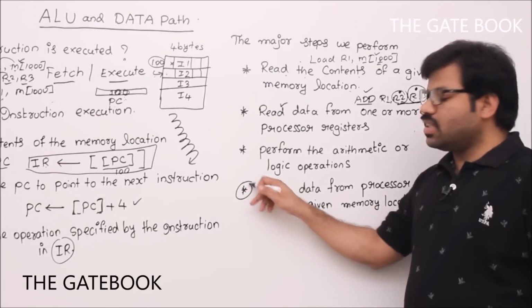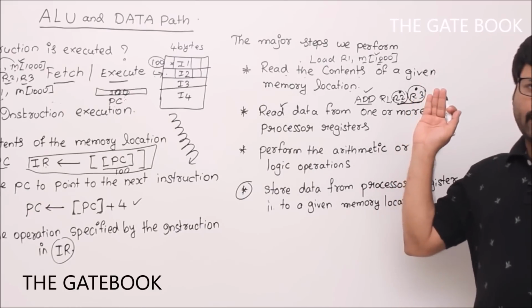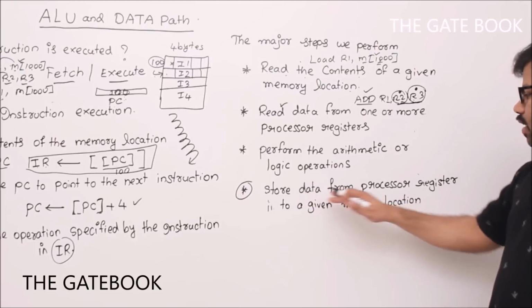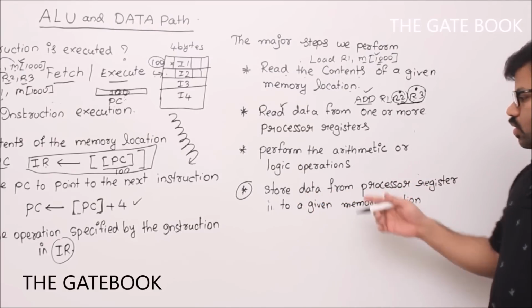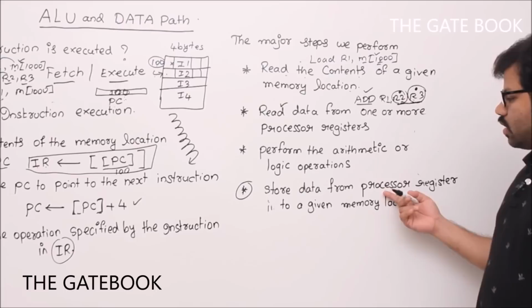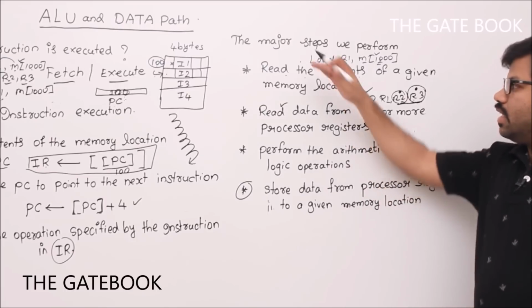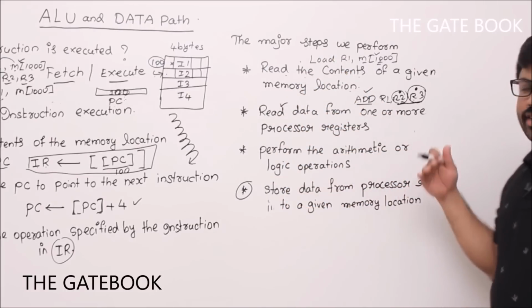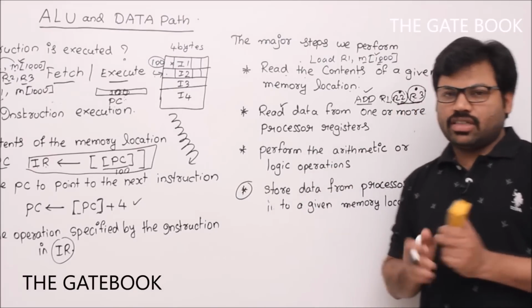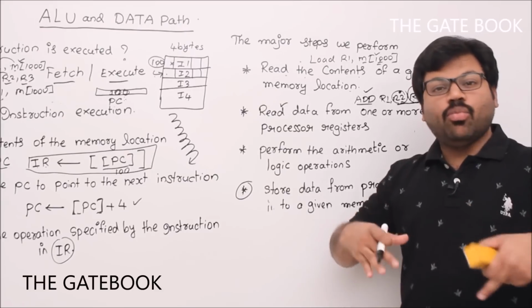Otherwise, you will be busy storing the data into memory locations or registers, correct? Store data from processor register to a given memory location. These are the typical operations we are going to do whenever we execute an instruction. That is about instruction execution. Now we will see more details.